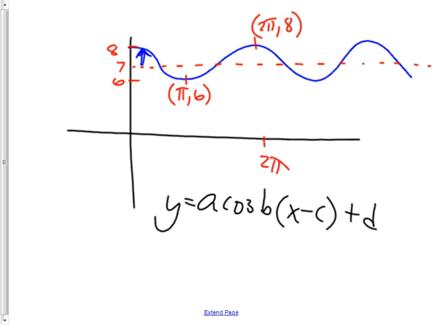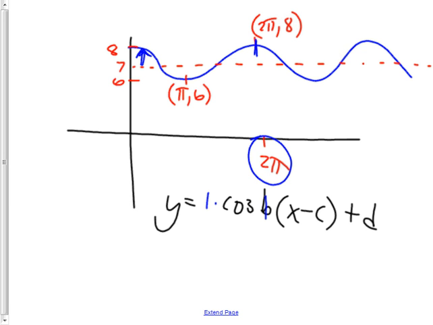So that's a 1 amplitude. So it's just a 1 right there. I agree, you don't have to even write a 1 there, because 1 times cosine is just going to be cosine. B is, was this thing stretched or not? Did it finish at 2 pi like it was supposed to? Well, then its B is just 1.